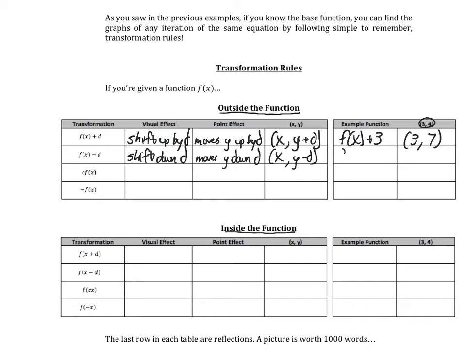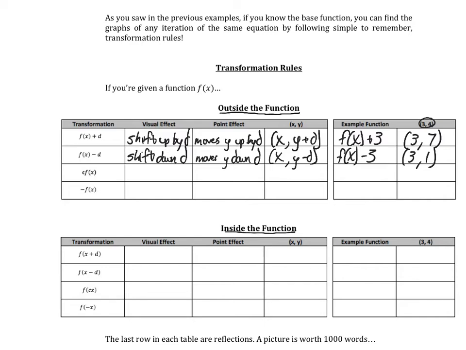So for example, if we compare the function f of x to the function f of x minus 3, and again the point 3, 4 is on f of x, what would the new point be? Well, it would be 4 minus 3, so 3, comma 1 would be our new point.